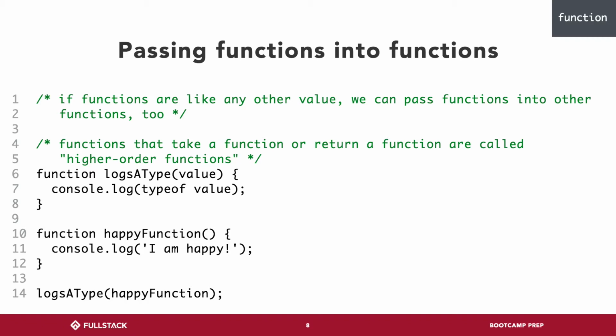It just produces a side effect of calling a different function, and that function's job is to log something on your console. So when you call happyFunction, the value is undefined, because the value of a function that doesn't return anything is always undefined.